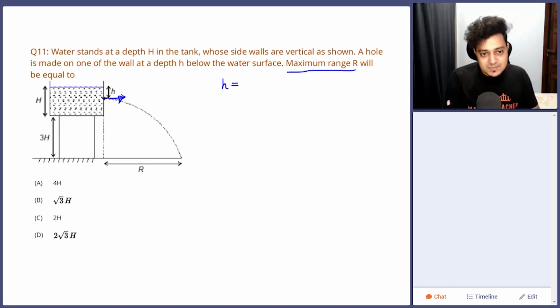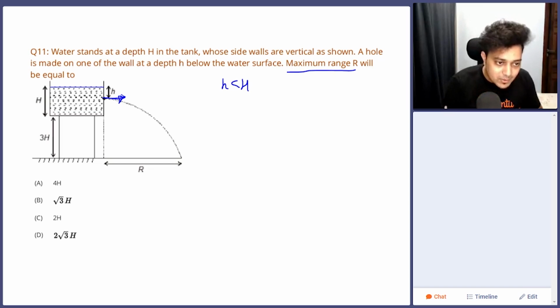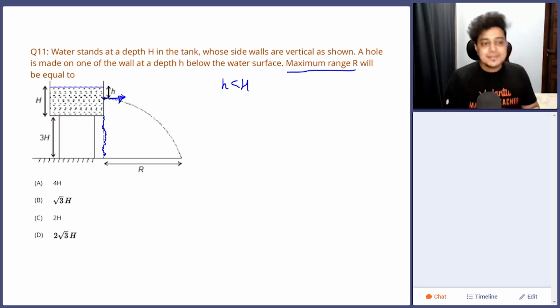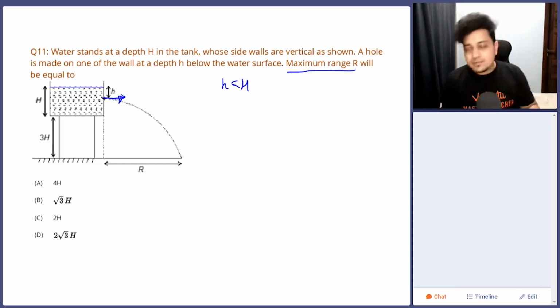Your small h value, that is the depth of the hole, has to be less than capital H. Are you getting me? You can't make the hole over there. So keep that in mind, and then we'll find out the maximum range.